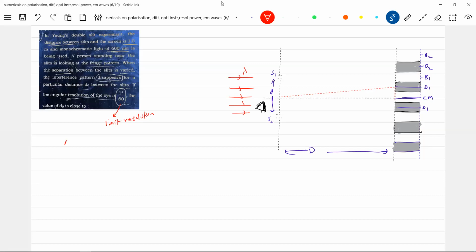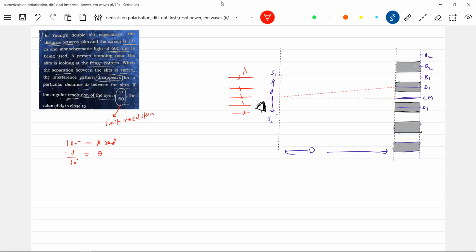So pi radian equals 180 degree. Then 1 by 60 degree is equal to how many?